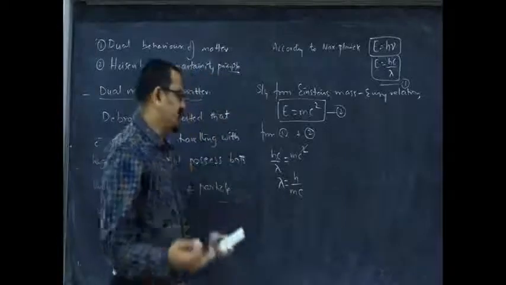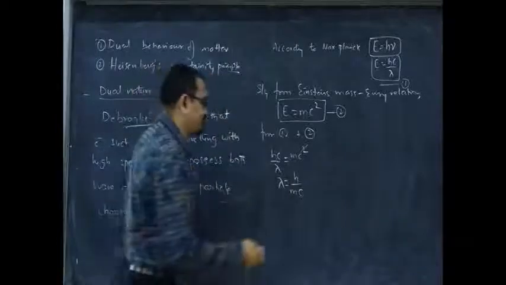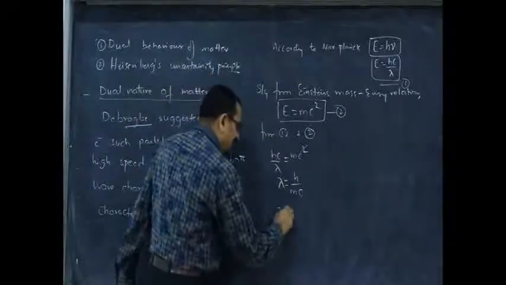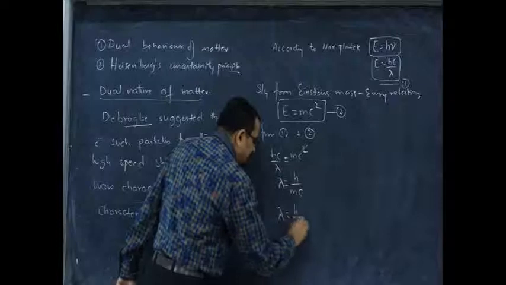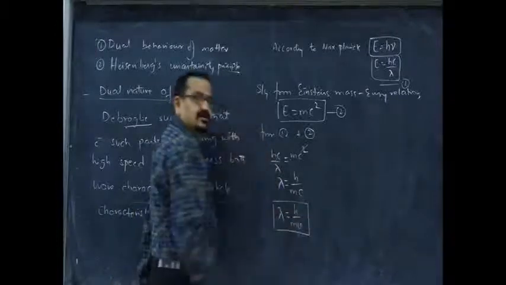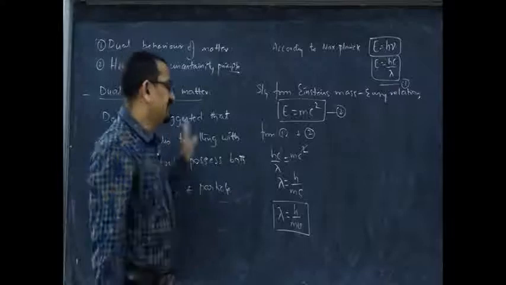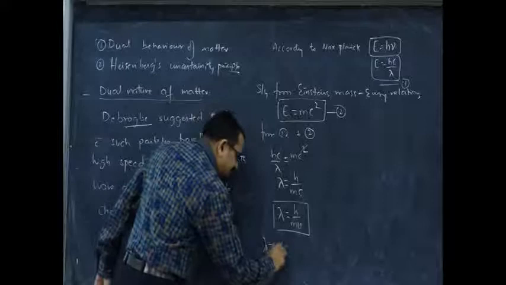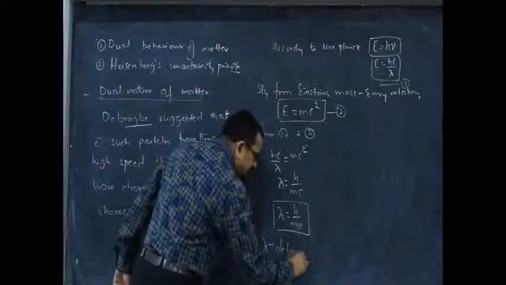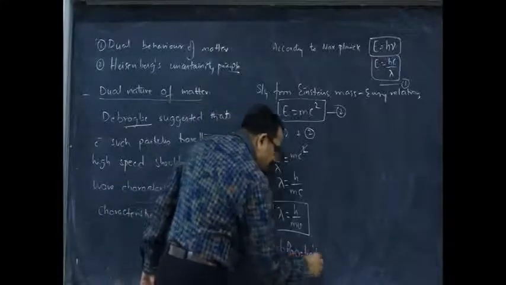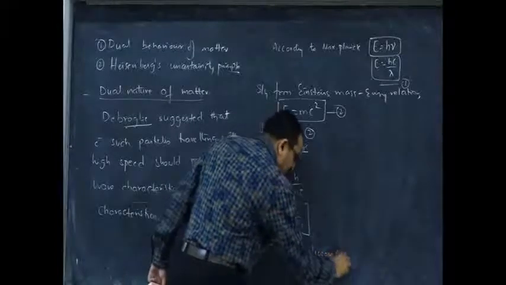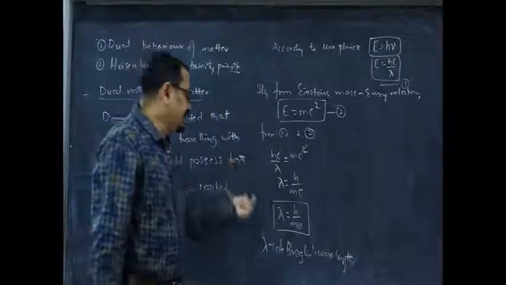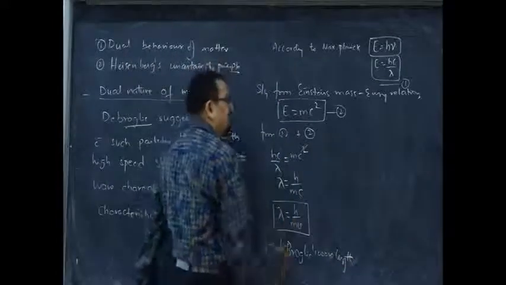If a particle like a photon or electron is traveling with some other velocity instead of the velocity of light, lambda equals h by mv. In this way, de Broglie deduced an expression for wavelength, called de Broglie's wavelength, which is given as h by mv.